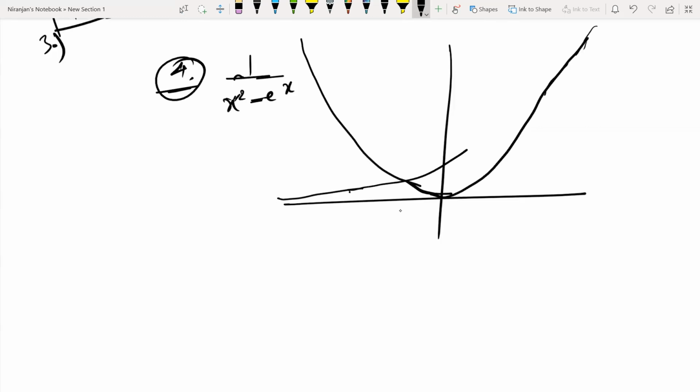Now tell me, should it cut x square or not cut x square? Let's call this point x naught. This is the x square graph. This is e to the power x. How should it go?